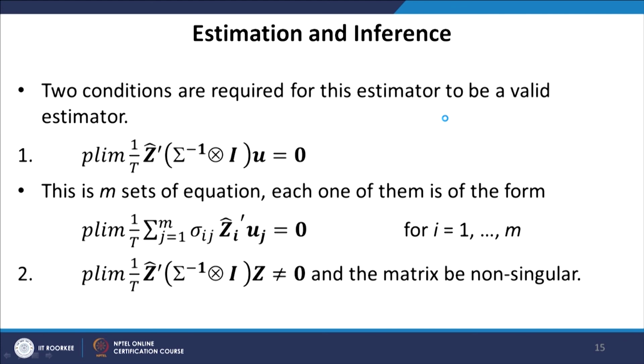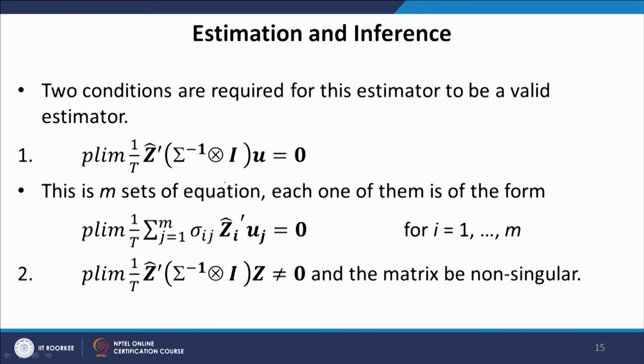Now, two conditions are required for this estimator to be valid. The first condition is that plim (1/T) z hat prime (sigma inverse Kronecker product I) u equals 0. This is actually m sets of equations, each of the form plim (1/T) summation over j equals 1 to m of sigma ij zi hat prime uj equals 0 for each i equals 1 to m.